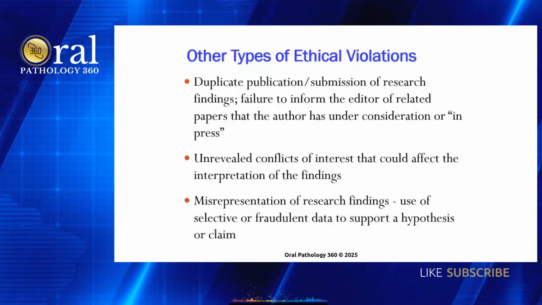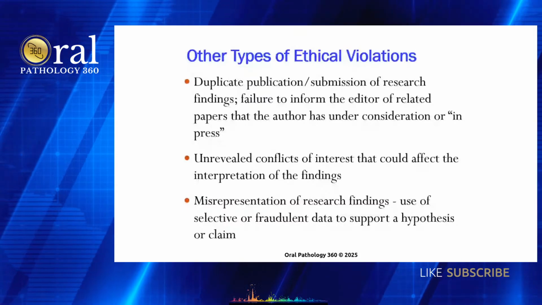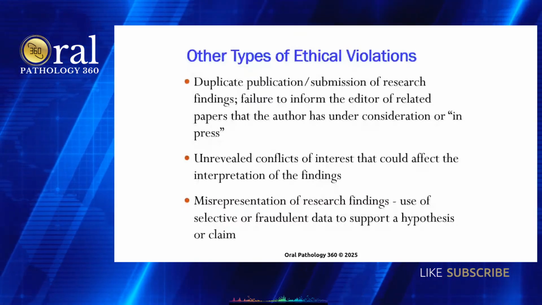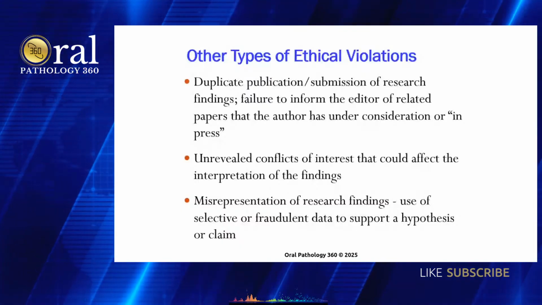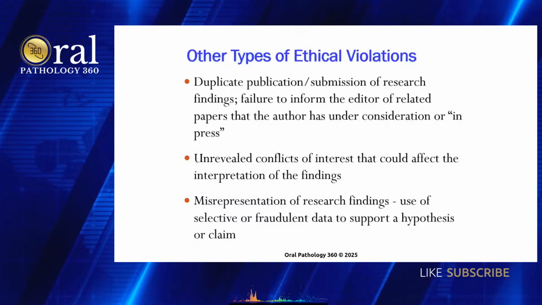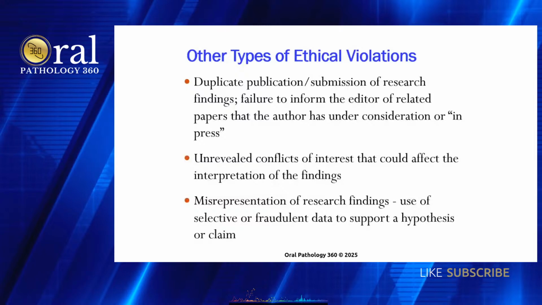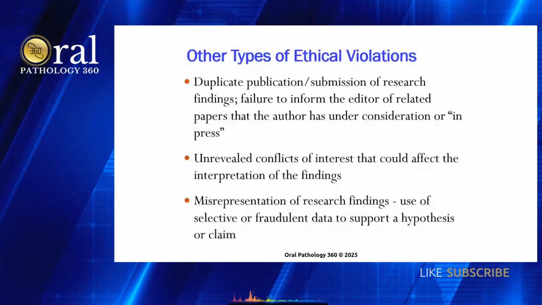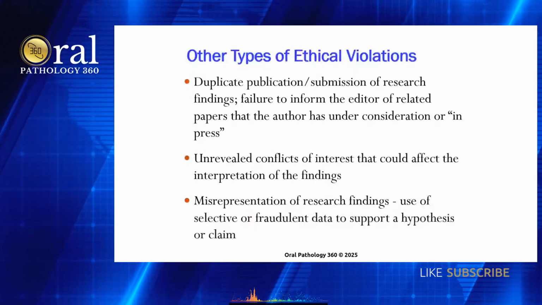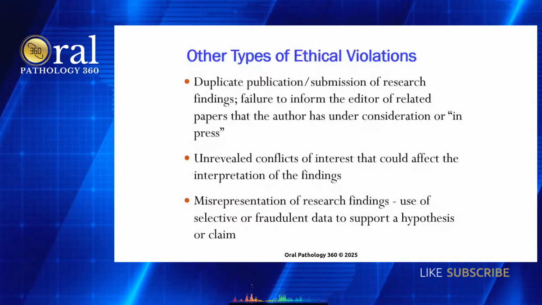Other types: if you have done a similar study previously, always mention when you submit that you have done such a study earlier. Submission of research findings the author has under consideration or in press, that is scientific misconduct. Unrevealed conflicts of interest that could affect the interpretation of the findings. Suppose your study was financed by some pharmaceutical company. You have to mention that. That is a conflict of interest. You might have given a negative study report.